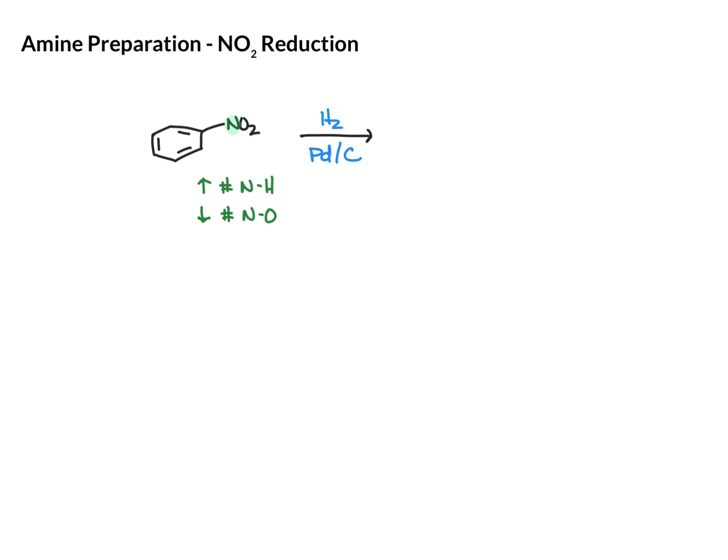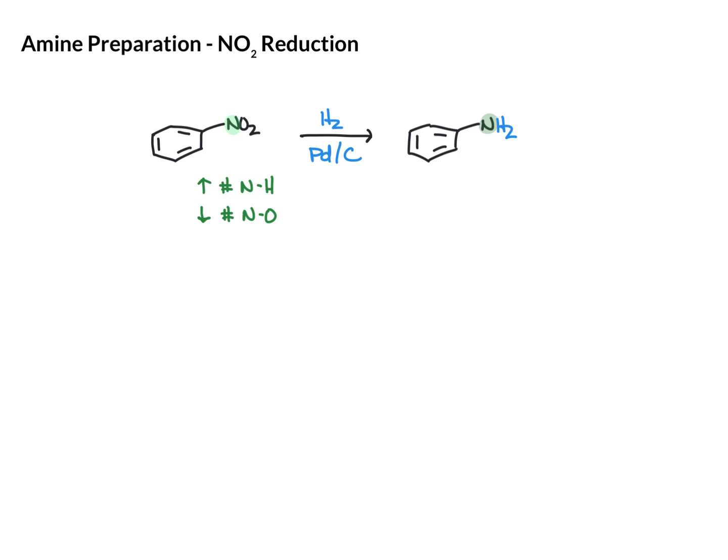So what we're going to end up with as our product, that nitrogen that was part of the nitro group is still there. But now instead of the two oxygens on it, we have two hydrogens. And those hydrogens come from the hydrogen gas.